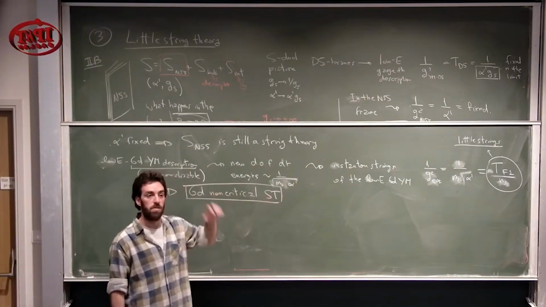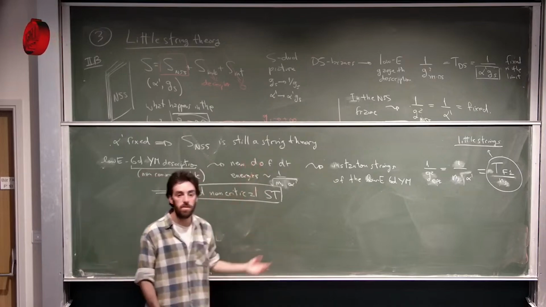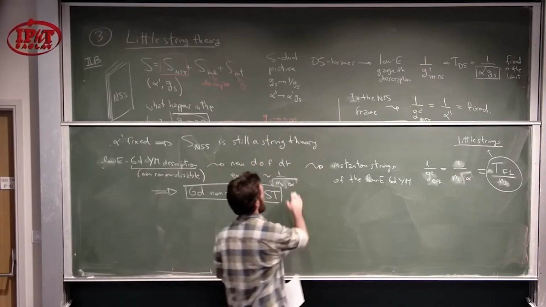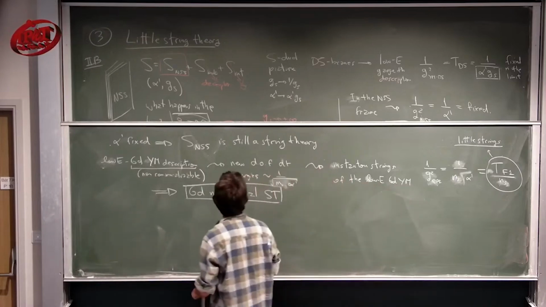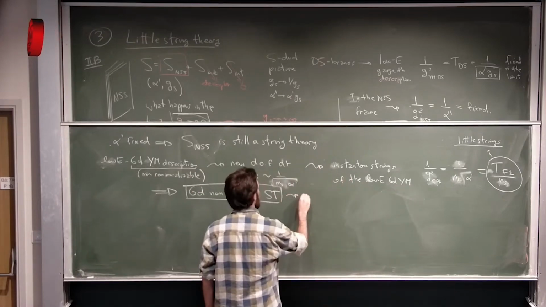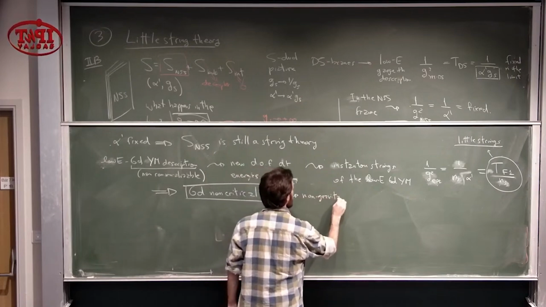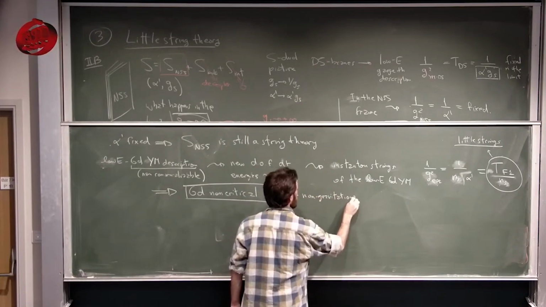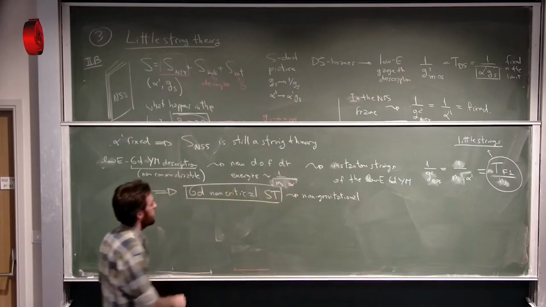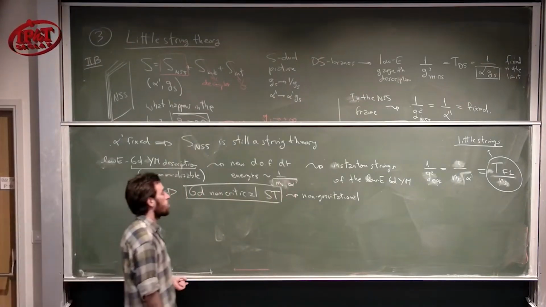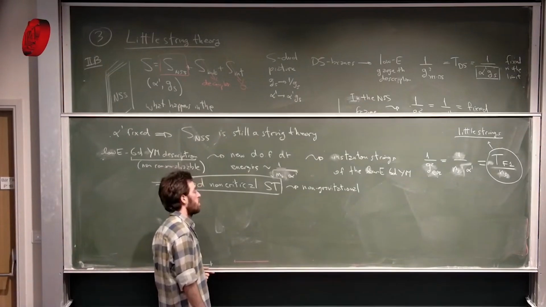There are type IIB little strings and type IIA little strings. It has this energy scale and so on. And also it is non-gravitational. If you look at the spectrum of this guy, there are no spin-2 massless fields. But still, it remains a non-trivial string theory.